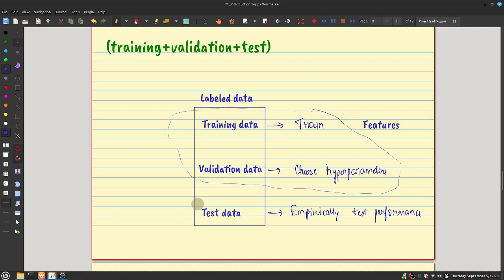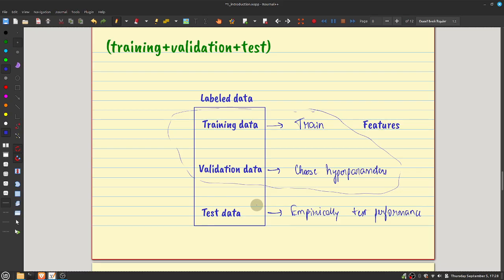The test data is something that you finally use in order to see how well it is going to perform over an unseen sample. Basically, once you design an algorithm and once you use the test data to see how well it performs, you're not allowed to go back and then tweak something in the algorithm so that it does better on the test data. That doesn't work. That's essentially cheating.